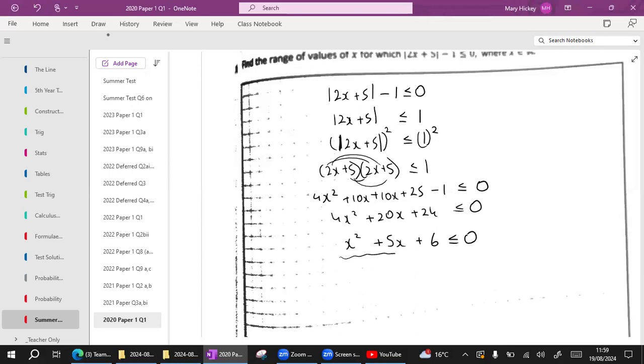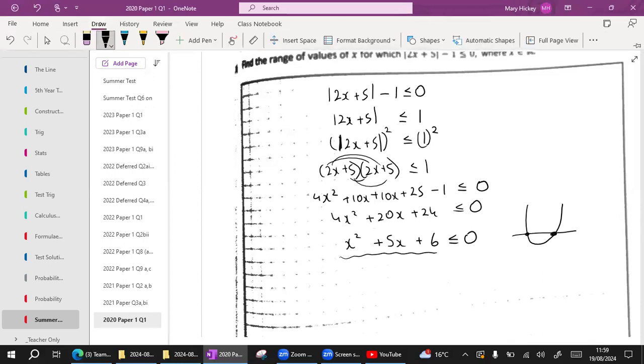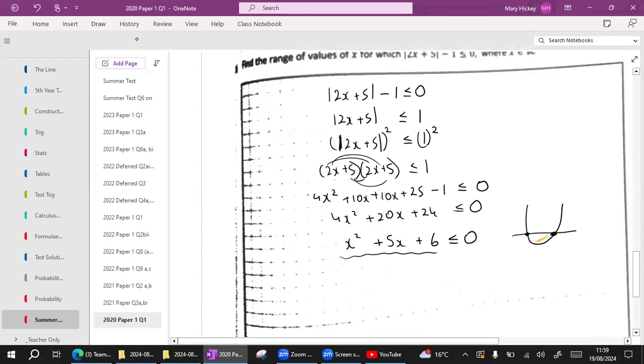Because this is a positive x squared, it's what I would call a smiley face. Wherever the roots are here, we're reading this as the graph is less than or equal to 0. So in other words, the graph is below the x-axis. So whatever answers I get here, it's going to be between them.